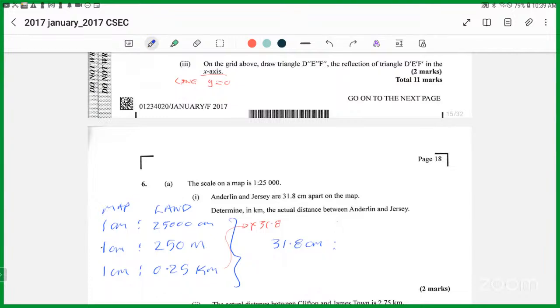Let's see what that becomes. I'm just going to do that on my phone right here. So it's 0.25 times 31.8. That's 7.95 kilometers. So this is your answer right here that we're looking for. 31.8 centimeters on a map is this amount of kilometers on the land.